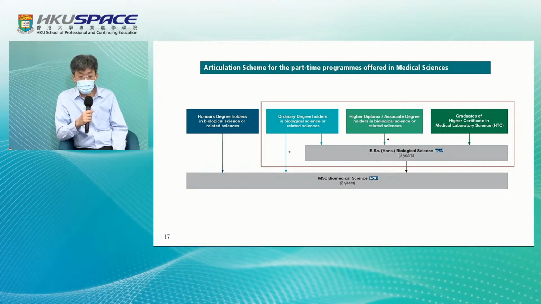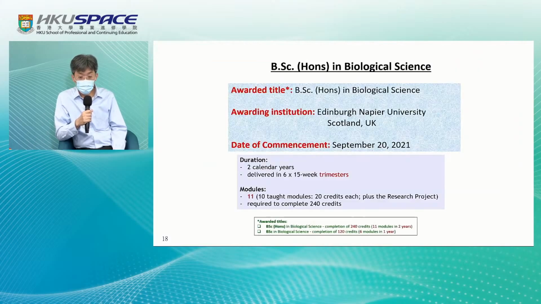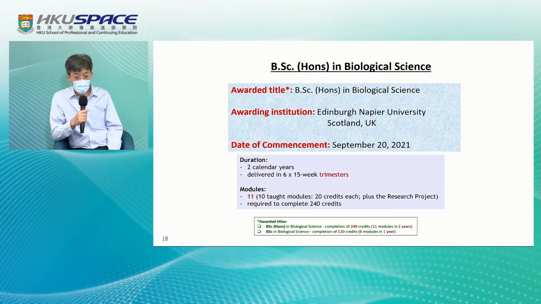This program, as I mentioned before, is a 2-year program. The award title will be Bachelor of Science with Honours in Biological Science if you complete the 2 years, and the program commences this September, September 2020. We usually break it into 3 trimesters.